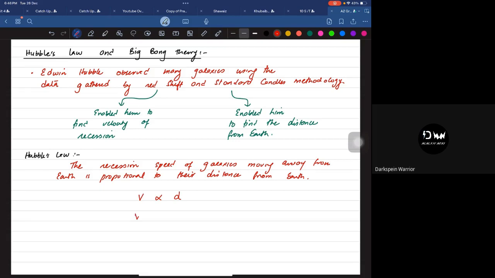Now, when you remove this proportionality sign, you have to put in a Hubble constant.